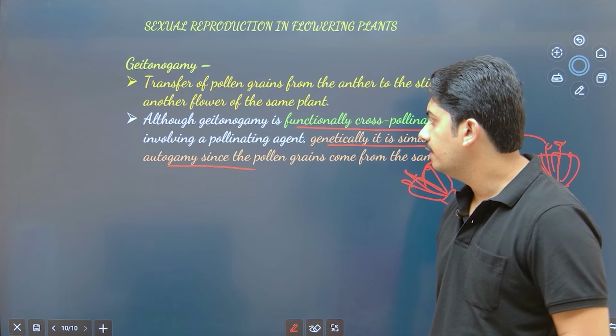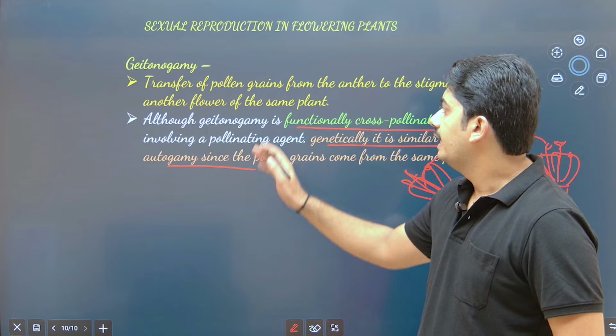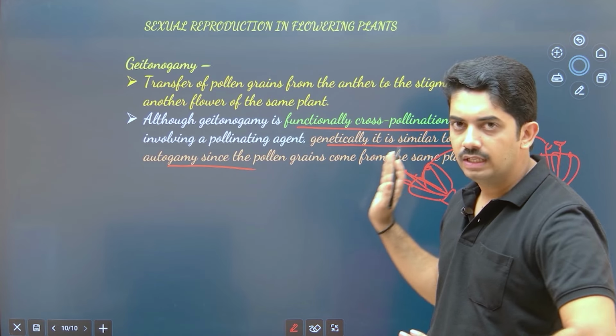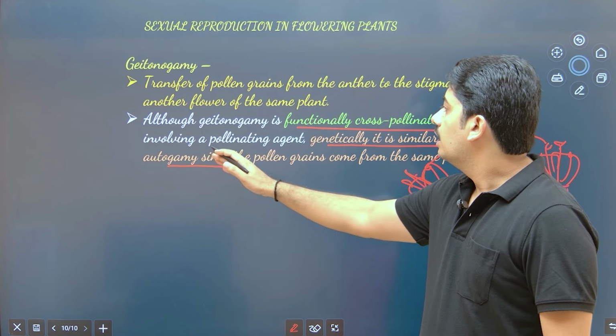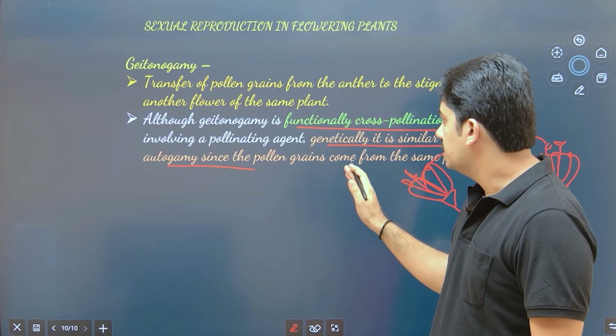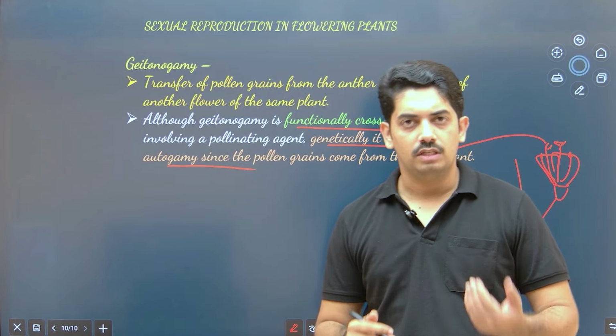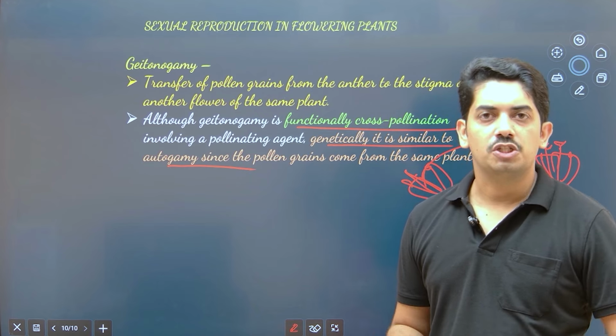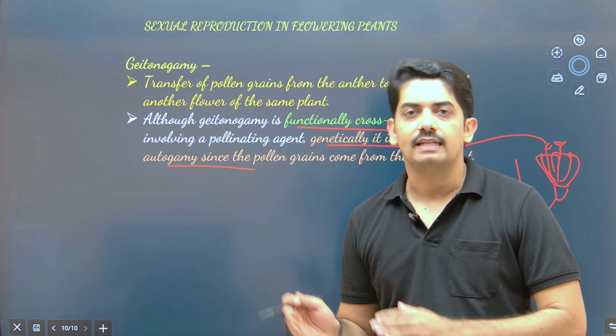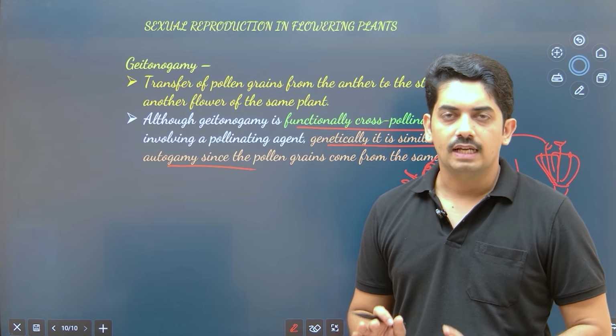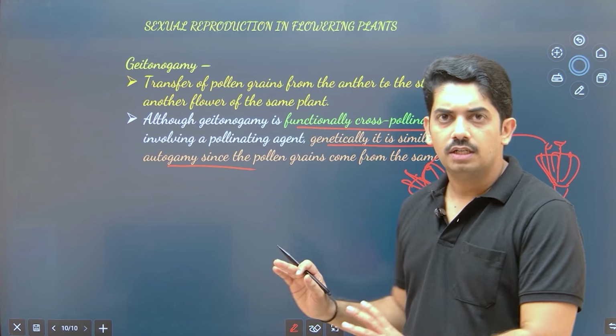The reason they will give: even though it is functionally cross pollination involving pollinating agents, genetically it is similar to autogamy. If they have given this reason, then assertion and reason both are correct, and the reason is the correct explanation of the assertion. Sometimes they will change the reason.